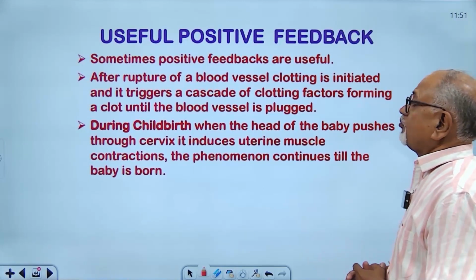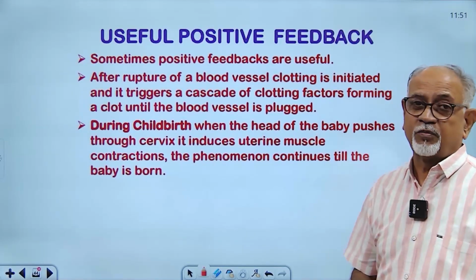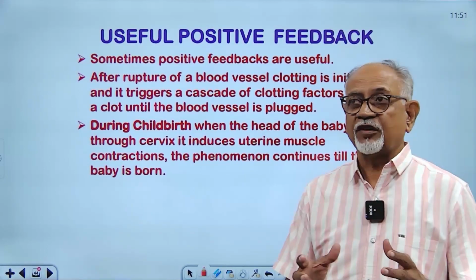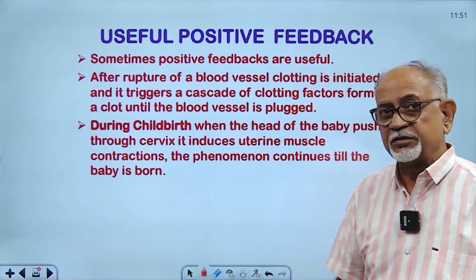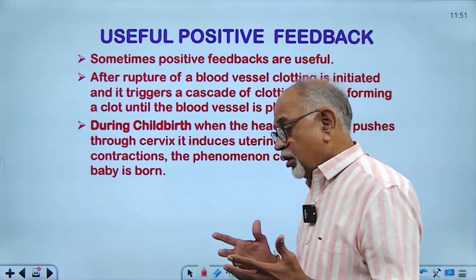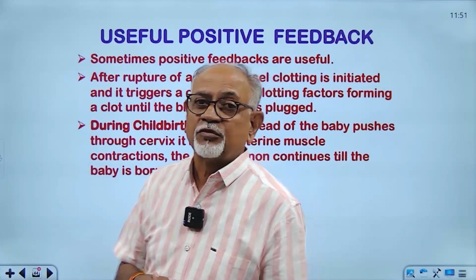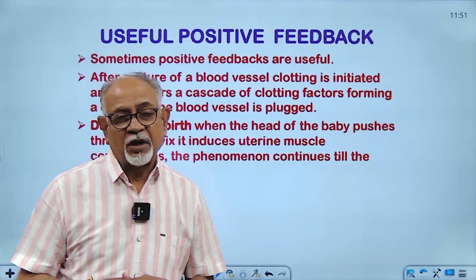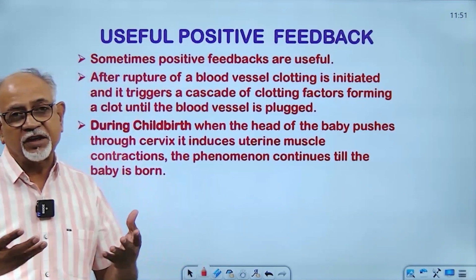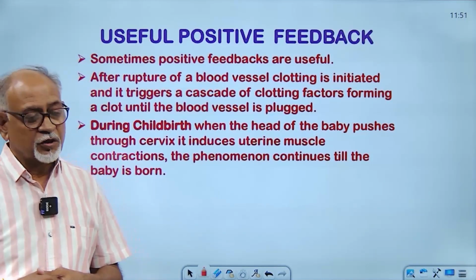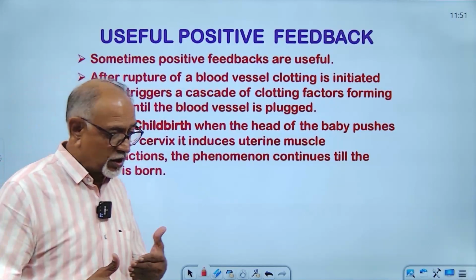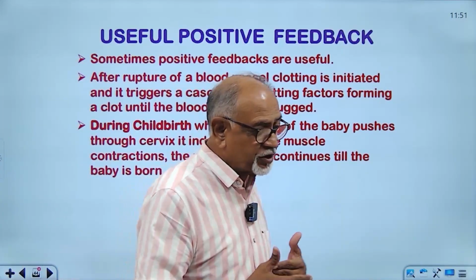One example is the clotting of blood. As soon as a blood vessel is ruptured, a clotting mechanism is initiated. And you know that there are 13 clotting factors which work as a cascade.